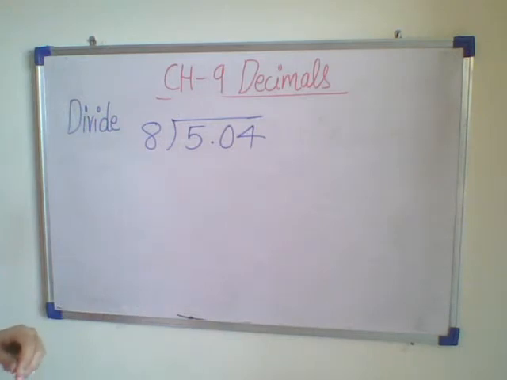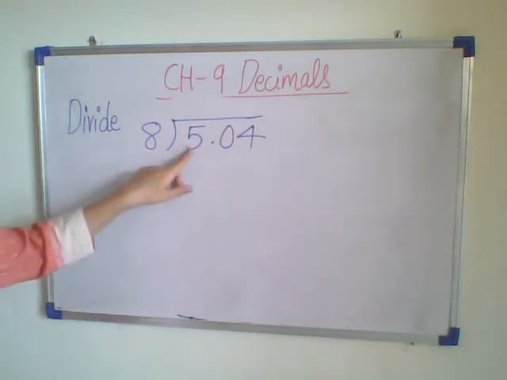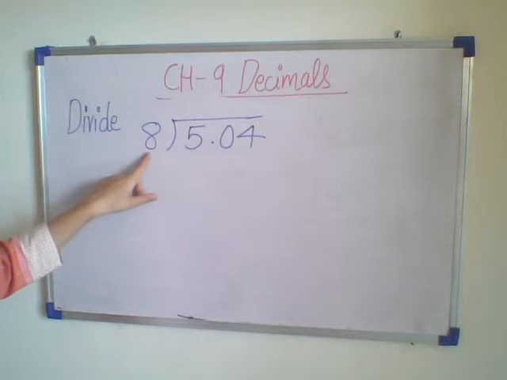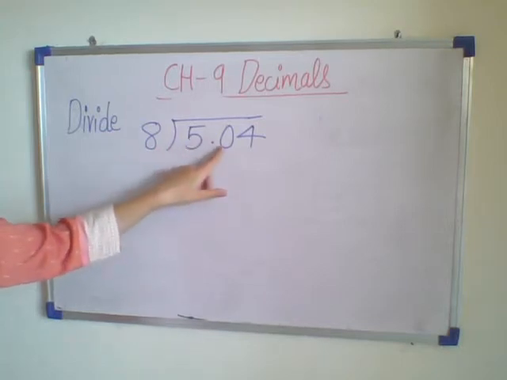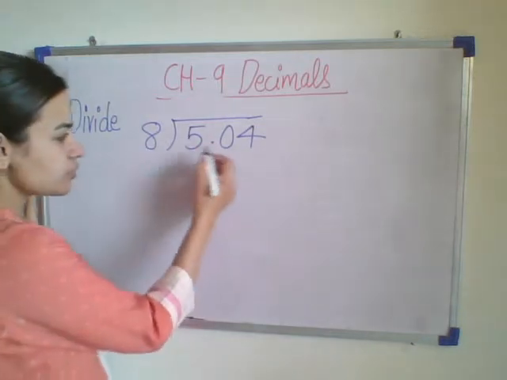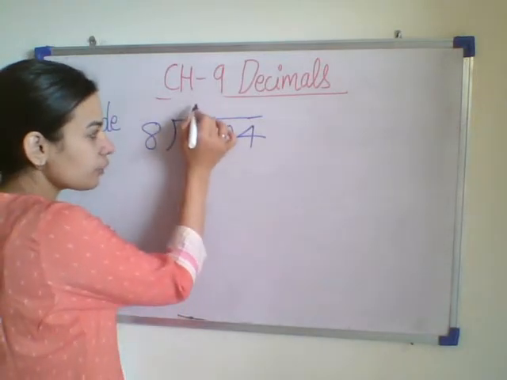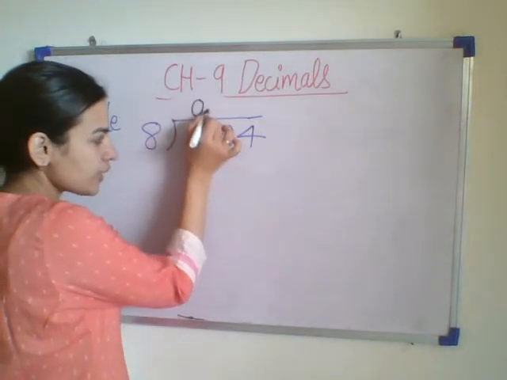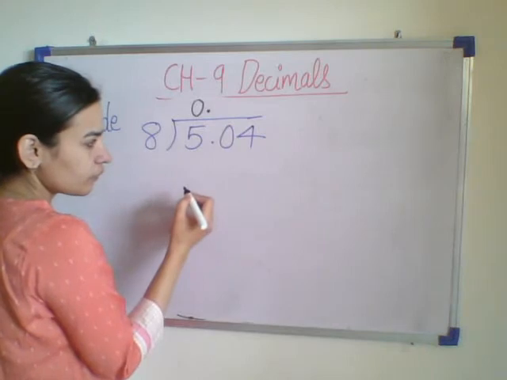Now here you can see this 5 is smaller than 8, so it cannot be divided, so we will be taking 50. 5 and 0. So we have taken this 2 digits, so I have to put a 0 and a decimal here.